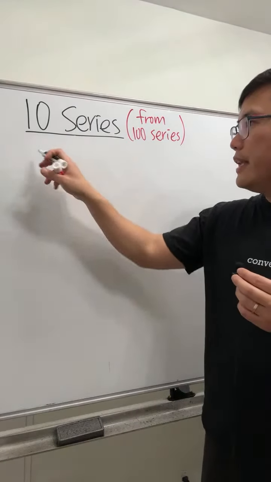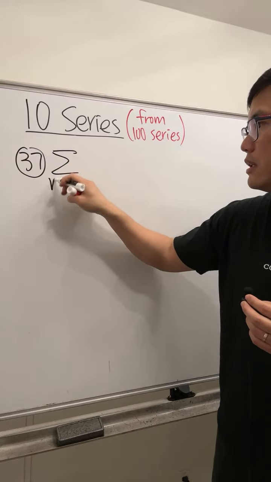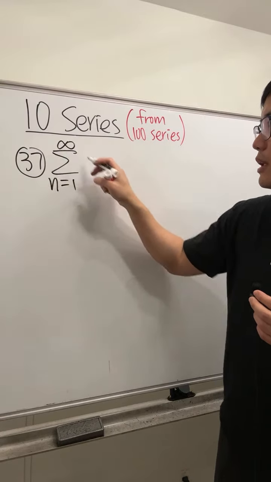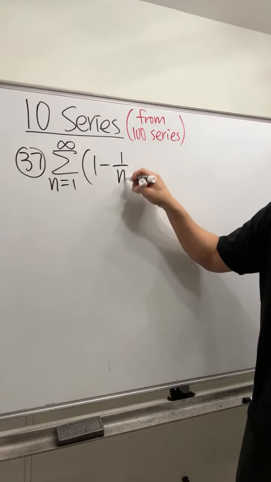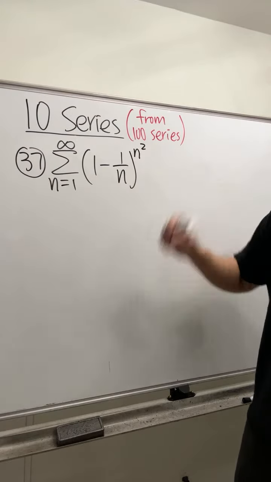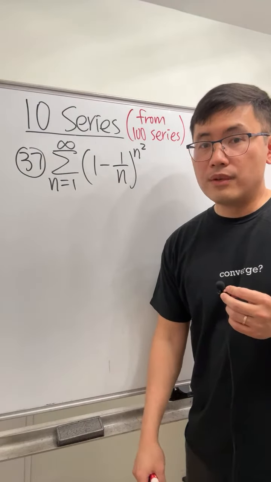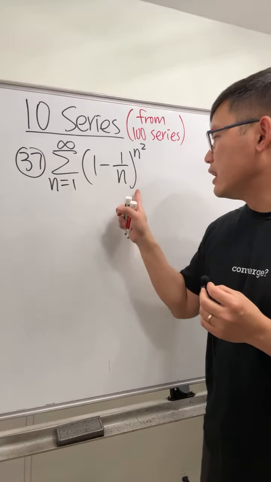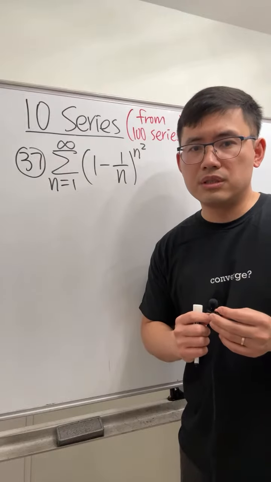All right, next one we have question number 37 from the 100 series video. We have the quantity 1 minus 1 over n raised to the n squared power. For this right here, I will also say there's a pretty clear indication of what test you should use.